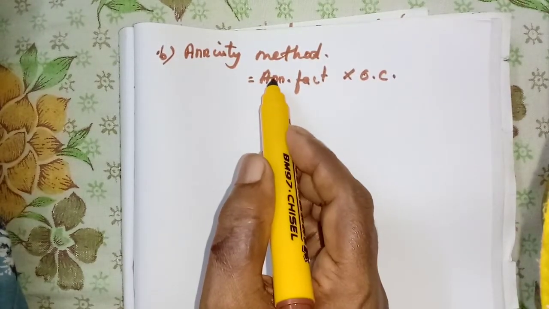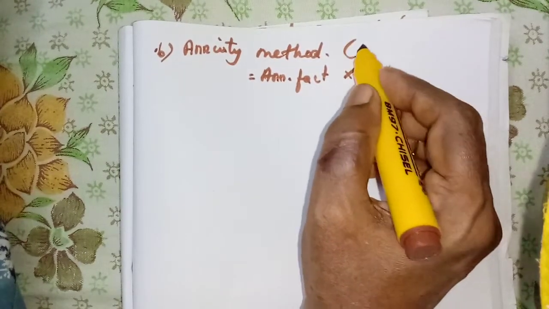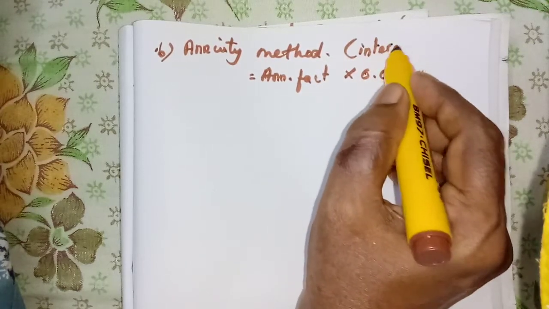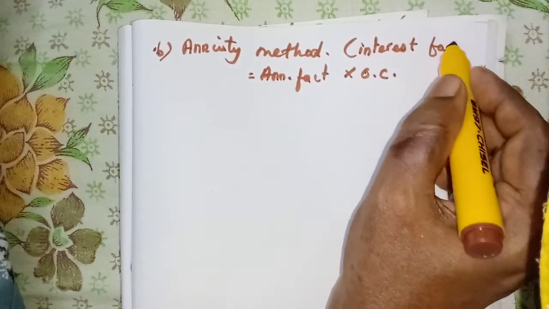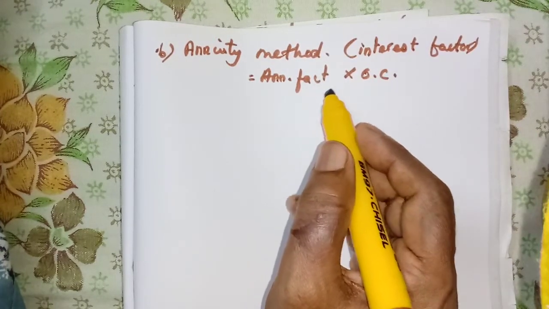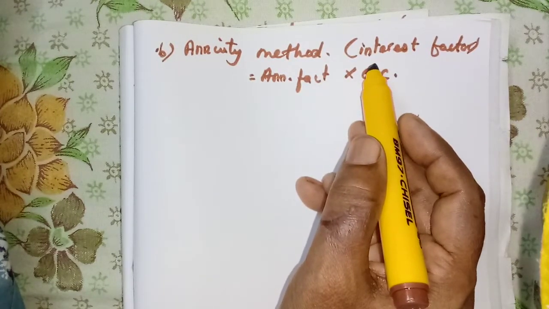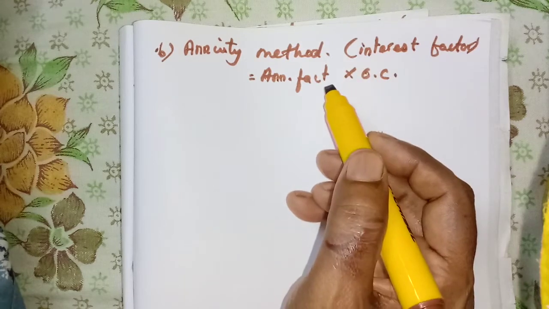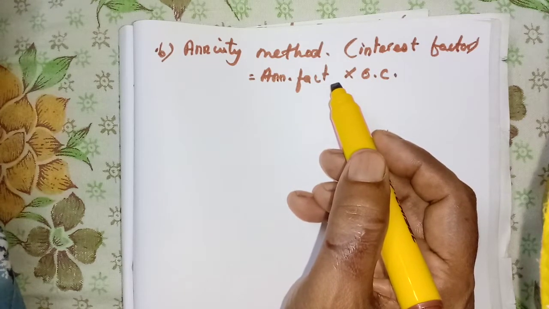Here they will consider the interest factor. If we had invested the same amount in some other asset, then we would have got some interest from that investment. So interest will be considered.